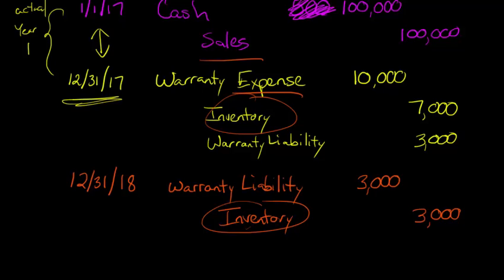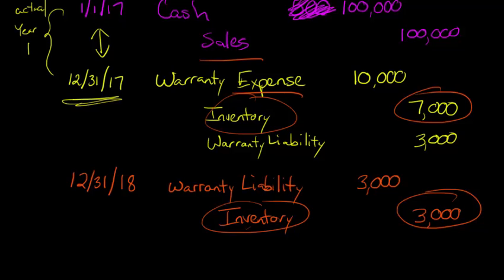Now, if we had not been able to reasonably estimate this, or it hadn't been probable for some reason, we couldn't accrue the warranty expense and had to use cash basis, then we would have expensed $7,000 in year one, because that's what the actual returns were of defective products, right? And then we would have expensed $3,000 in year two.